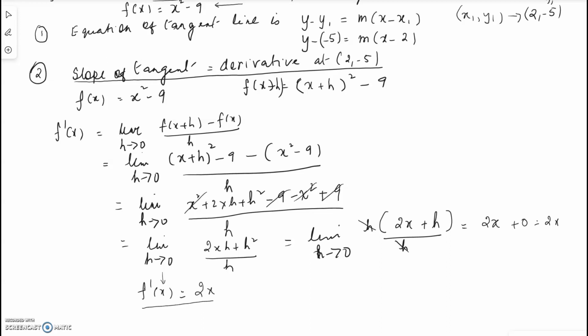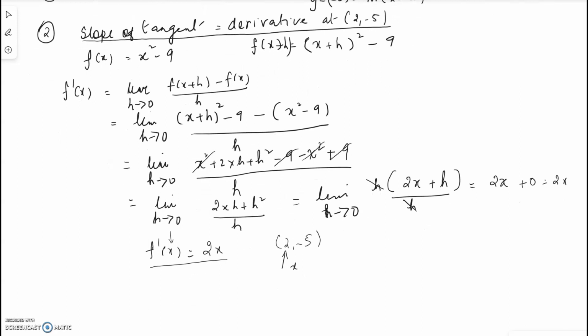It's like a function that defines the slope of the tangent line drawn to the function f of x equals x squared minus 9. But I want to draw the tangent line at a specific point, 2, negative 5. So the value of x is 2, and that's exactly where I want to draw the tangent line.